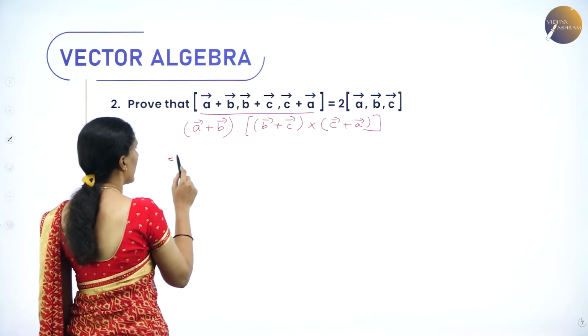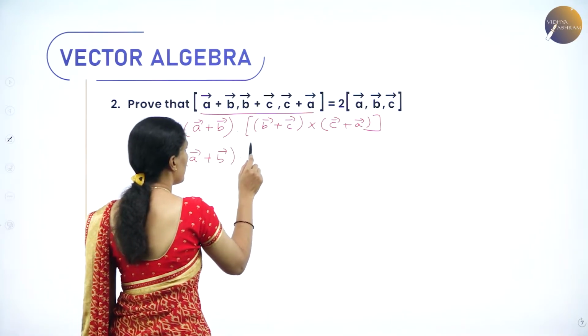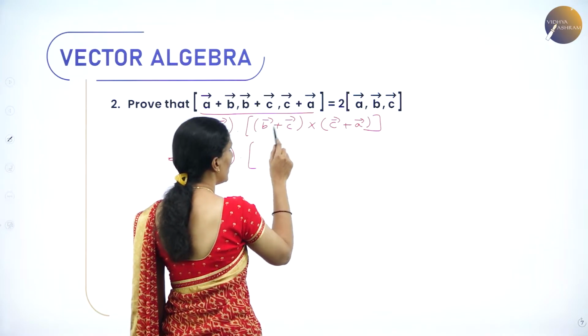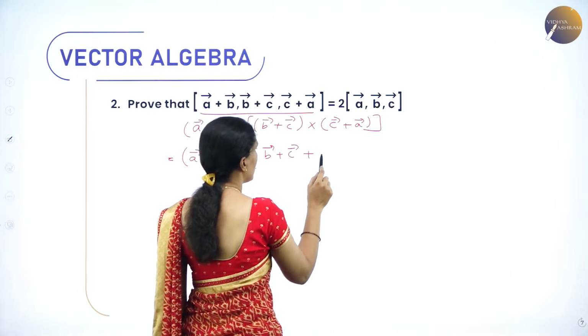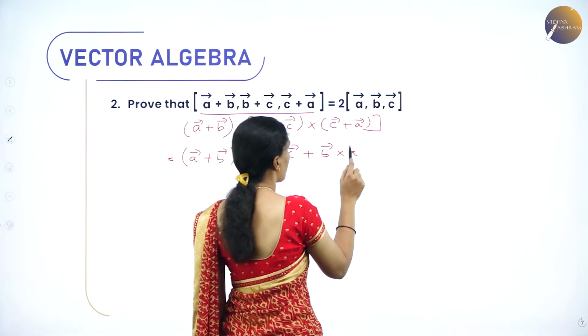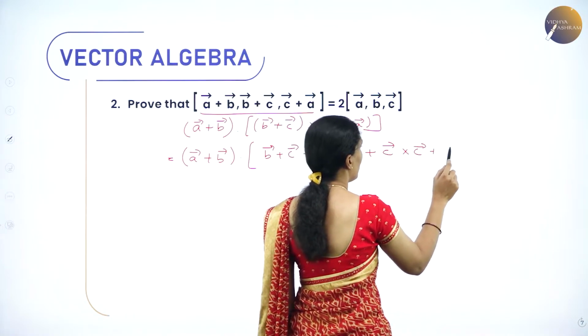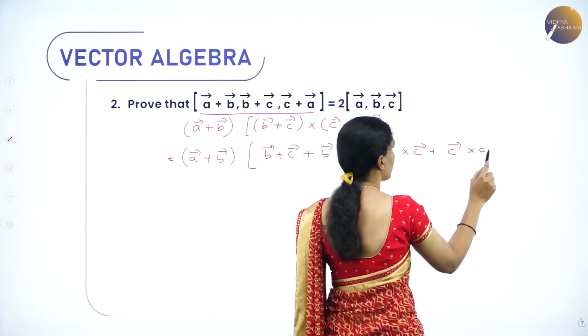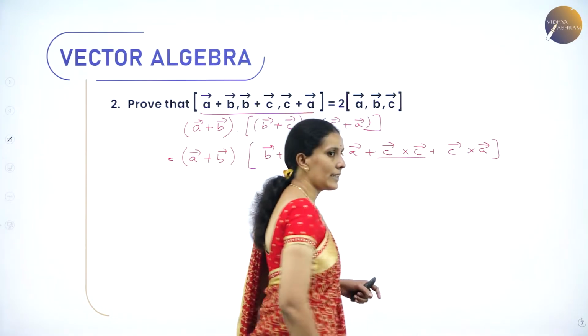Now this A plus B, keep it outside. Let us multiply inside. So we have B cross C plus B cross A plus C cross C plus C cross A. We know that C cross C is 0.